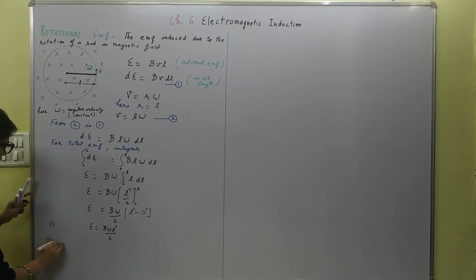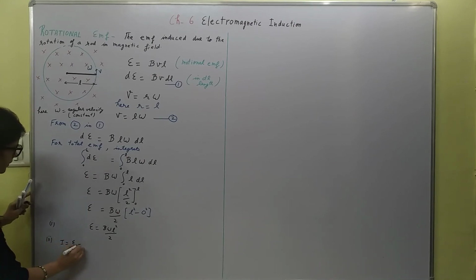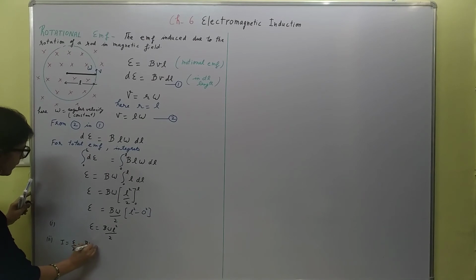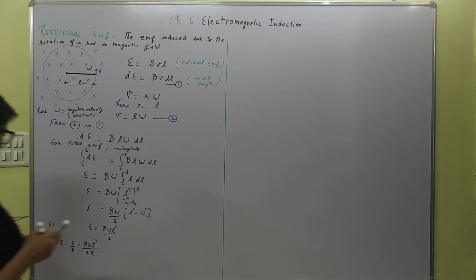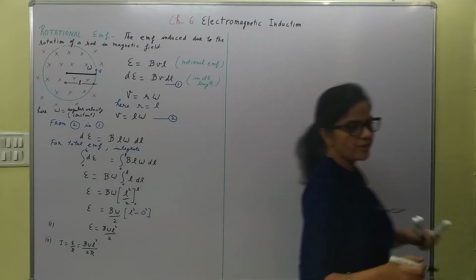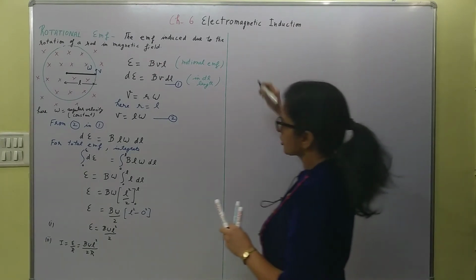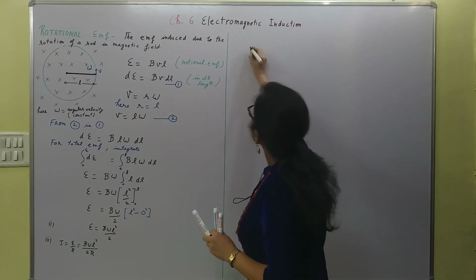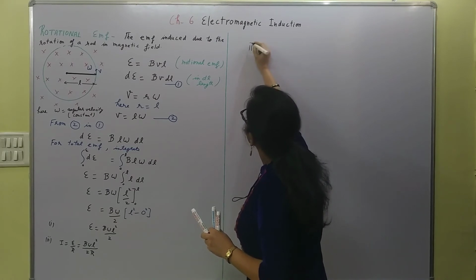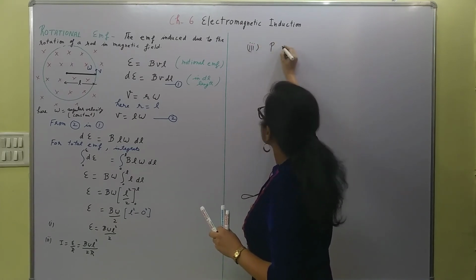Second, expression for current we can find out. This is E upon R. This can be written as B omega L square upon 2R, and then we can write down the expression for rotational power.